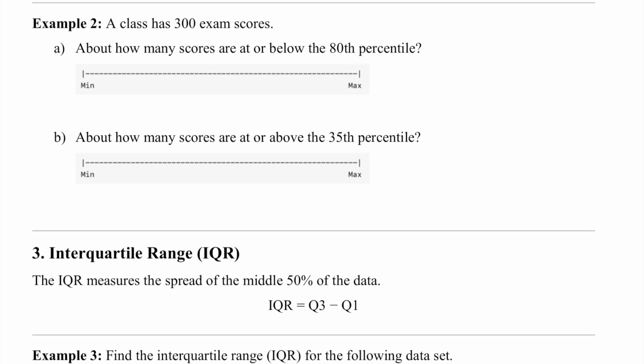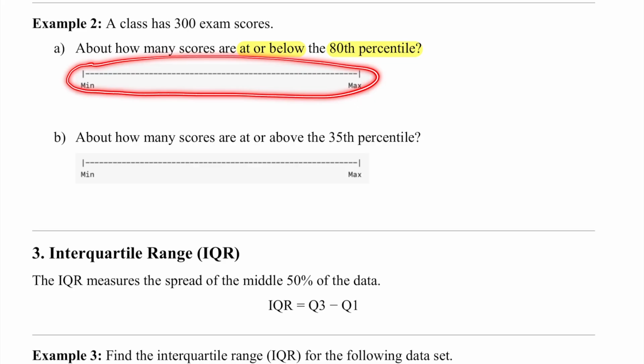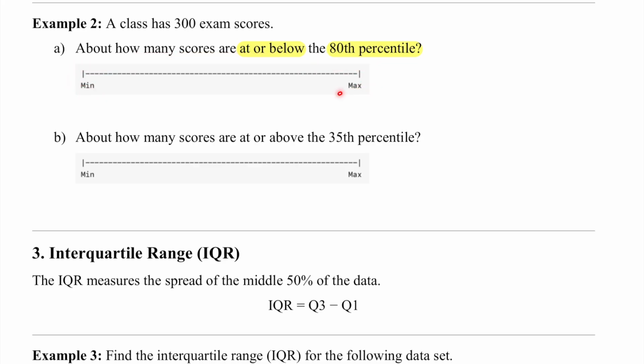Example 2. A class has 300 exam scores. Question A, how many scores are at or below the 80th percentile? So imagine this is my data set already arranged from the least to the greatest. Let's locate the 80th percentile.